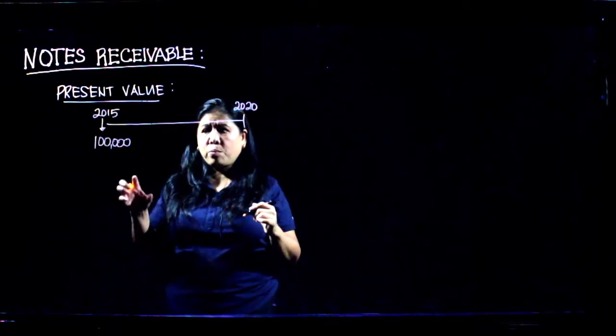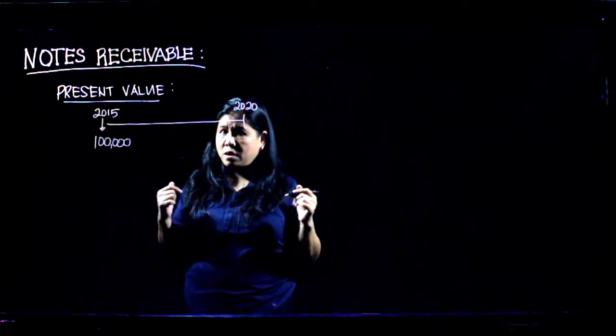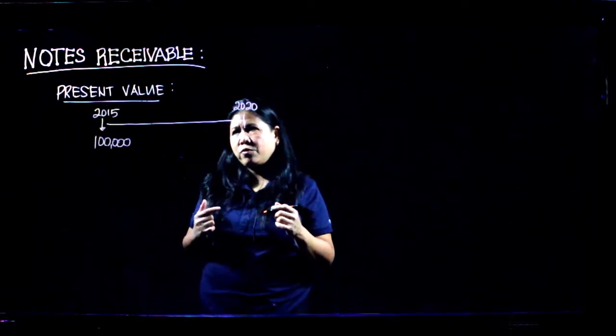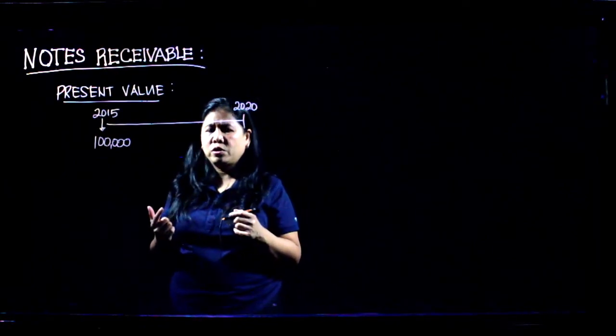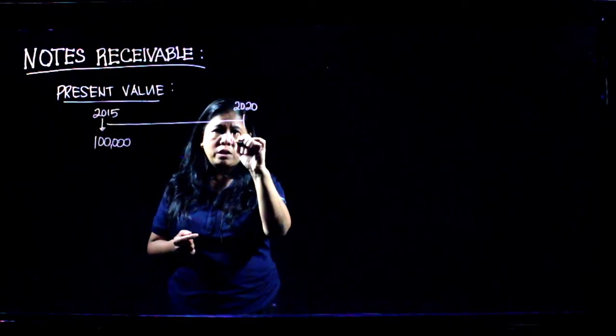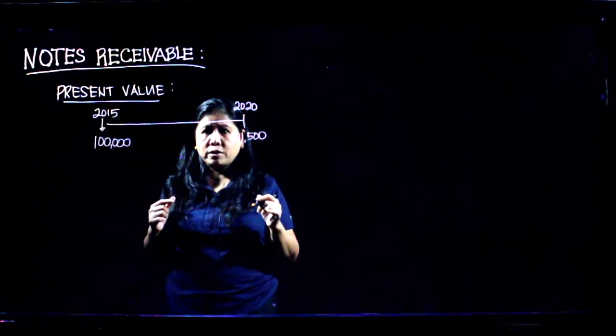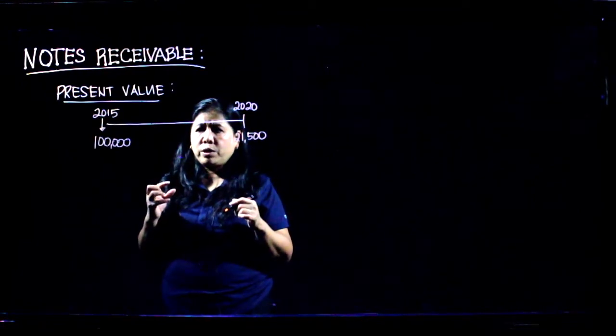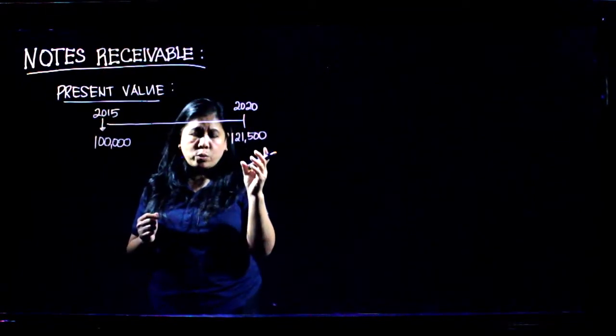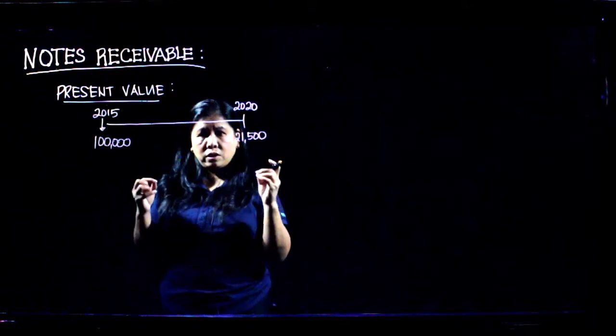Do you think my 100,000 is still 100,000? I don't think so. Let's say, for example, my money, 100,000, became 121,500. So what happened to my money? It earned interest. So the difference between the 100,000 and the 121,500 is the interest.